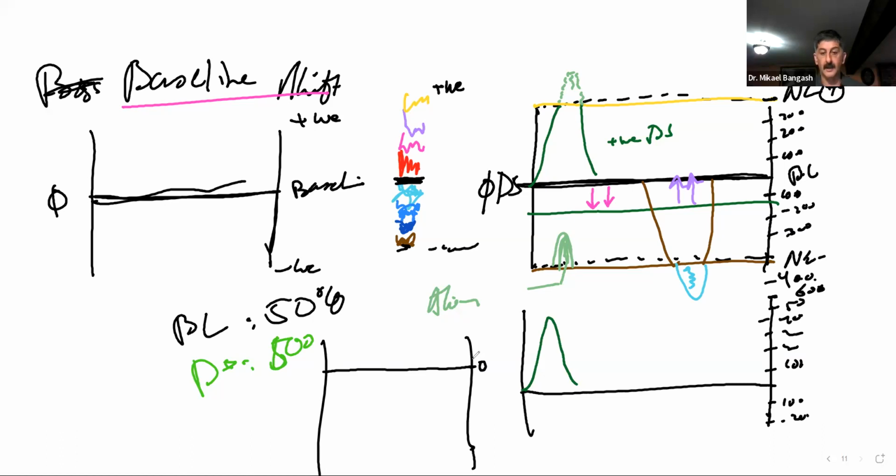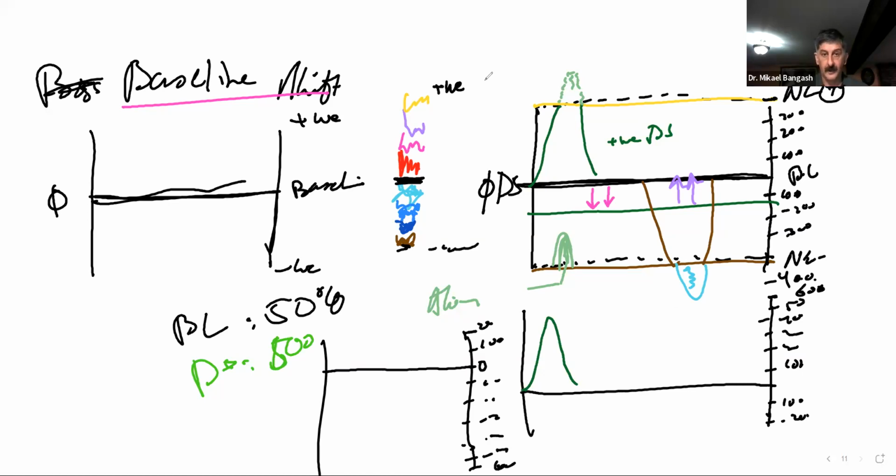This becomes the new zero Doppler shift, where it says 200, and then we have 100, 200, 300, 400, 500, and let's say 600.